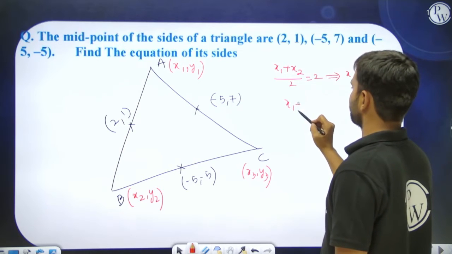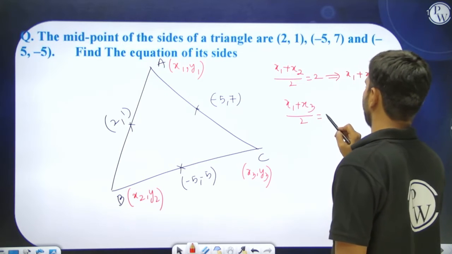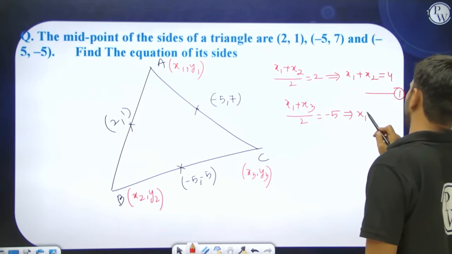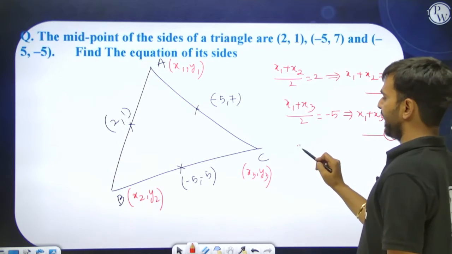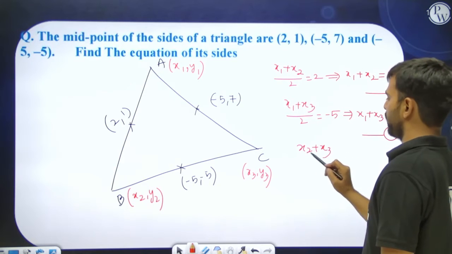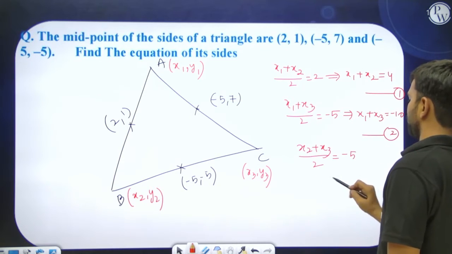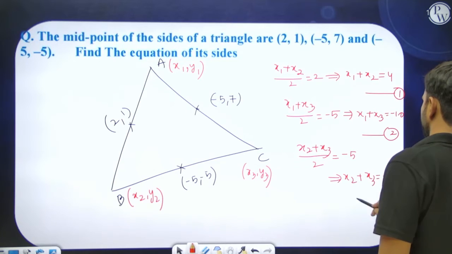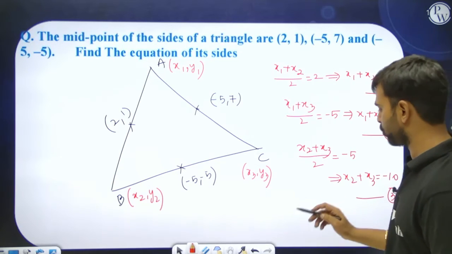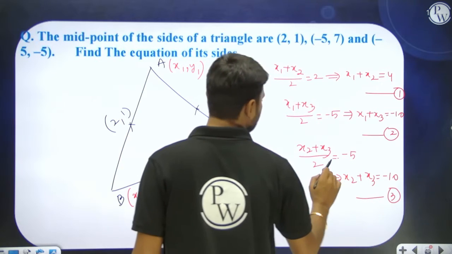Similarly, x1 plus x3 by 2 equal to minus 5 means x1 plus x3 equal to minus 10, calling it as 2. Similarly, x2 plus x3 by 2 equal to minus 5 means x2 plus x3 equal to minus 10, calling it as 3.